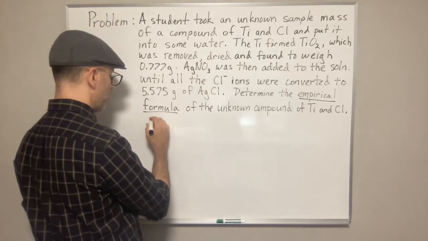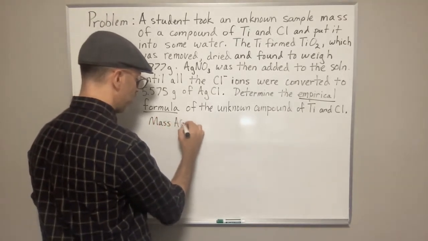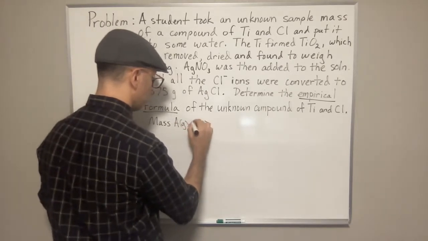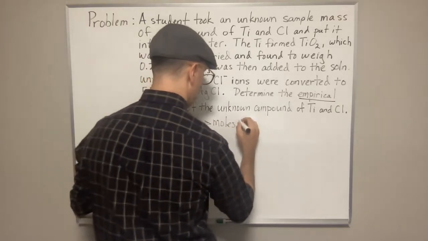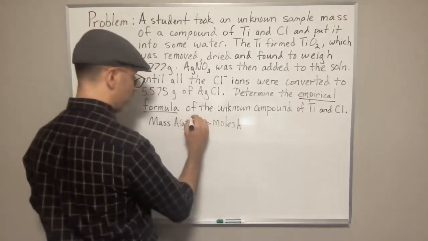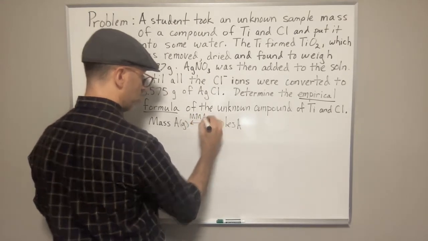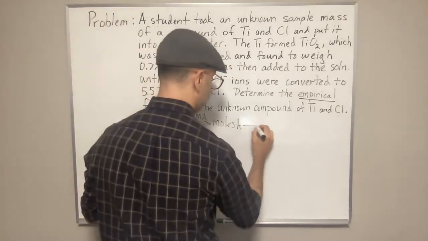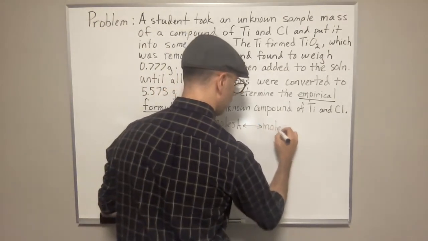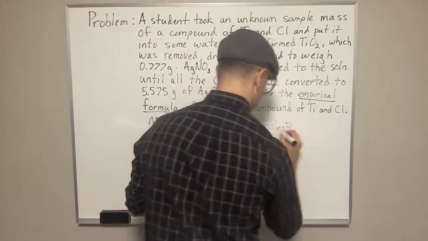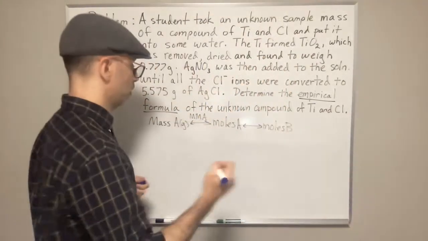So we have our mass of A in grams, which goes to moles of A, and in order to make that conversion, we use the molar mass of A. Then to go from moles of A to moles of B, I'm going to use a different marker. This one's squeaking too much.